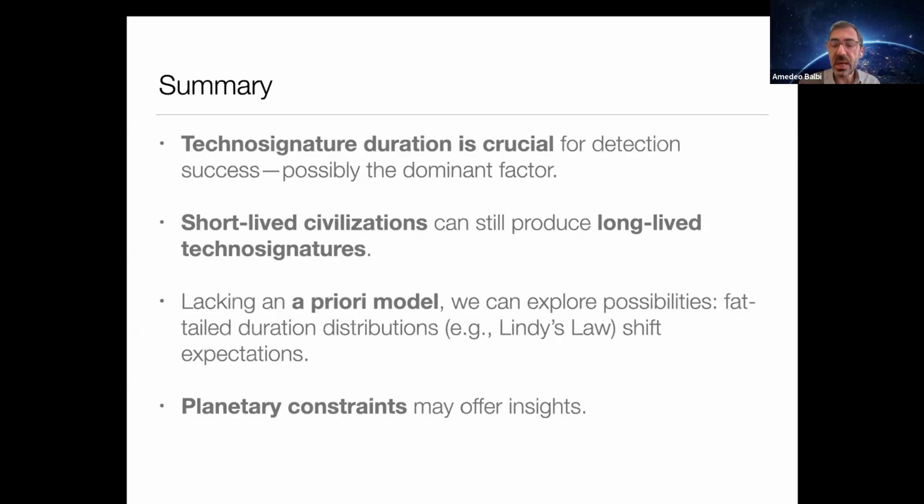On the other side, if you think that these are not plausible, then you will focus your observations on some ephemeral, very short-lived technosignatures because you think that they have a higher chance of being out there. So yeah, I think it is interesting to have these kinds of discussions between theoretical people and observation people.